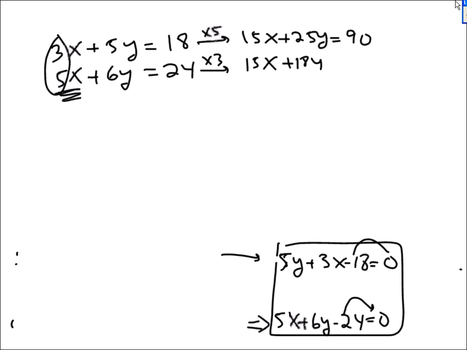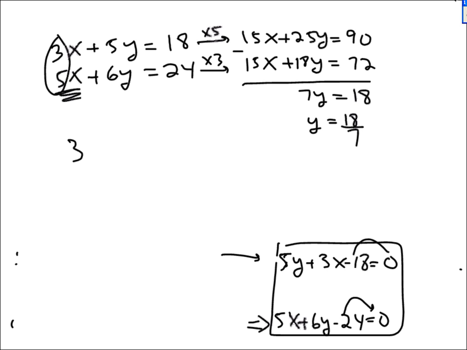plus 18y equals 72. And I do a little subtraction. I get 7y is 18. So y is 18 divided by 7. And then I'll find x. Using the first equation on top, 3x plus 5y is equal to 18.